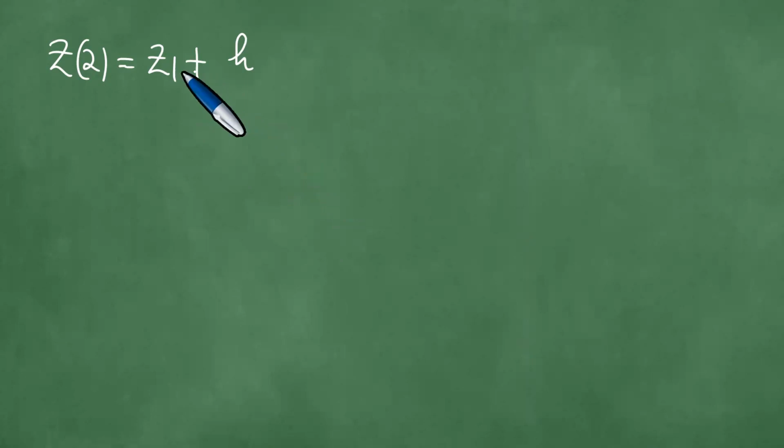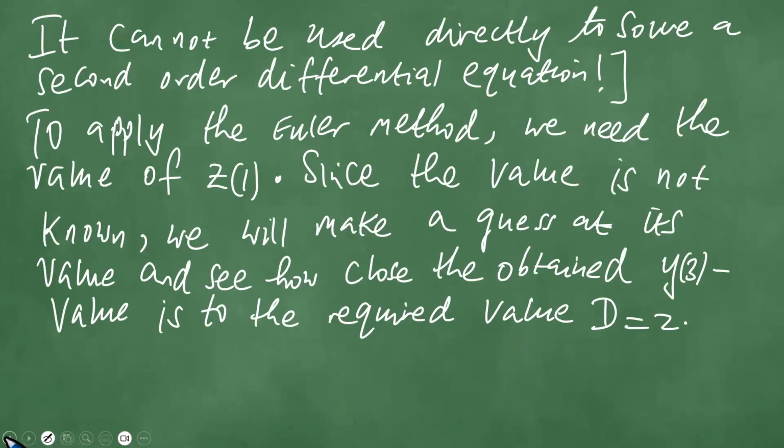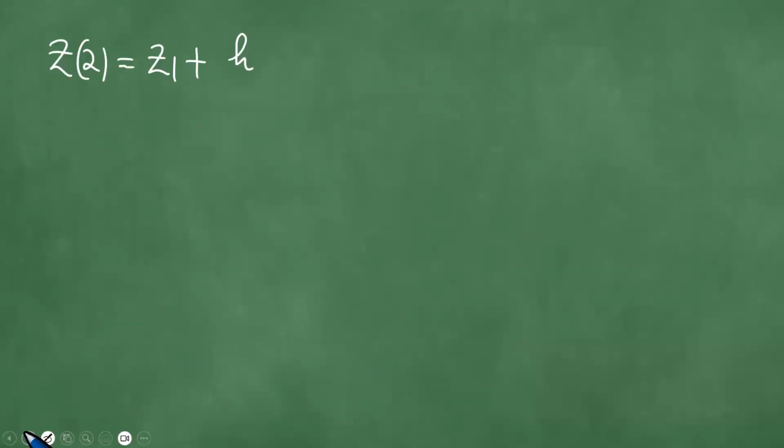If this is y, then this becomes the derivative of y, which is the slope. So what is z primed? Z primed is y plus x, the slope of z. According to Euler, you must always put the slope. So you can put here y plus x.